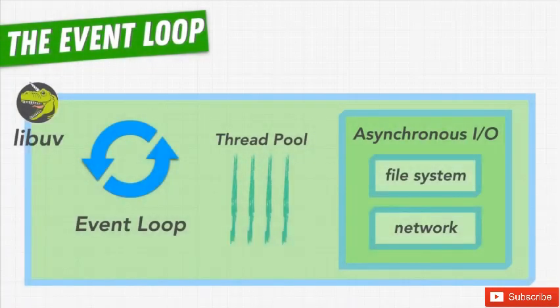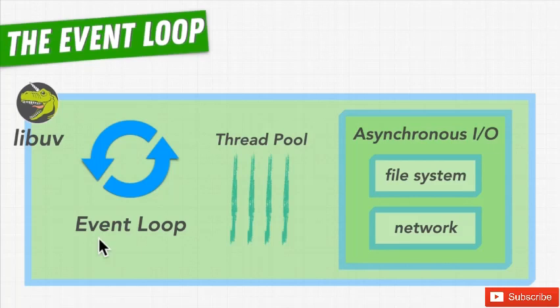Welcome back. In this video, we're going to take a second, closer look at the event loop. This is one of the most important parts of the Node runtime. Why is it so important? The event loop is responsible for handling all those callback functions in your Node programs.